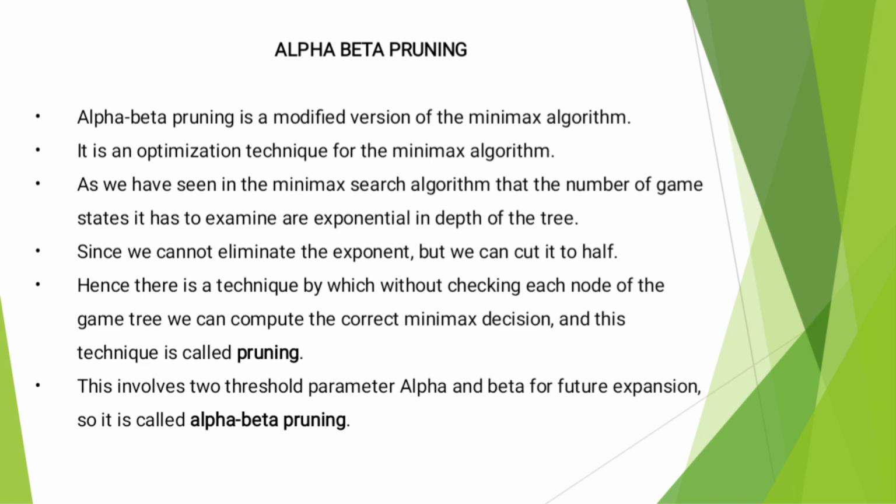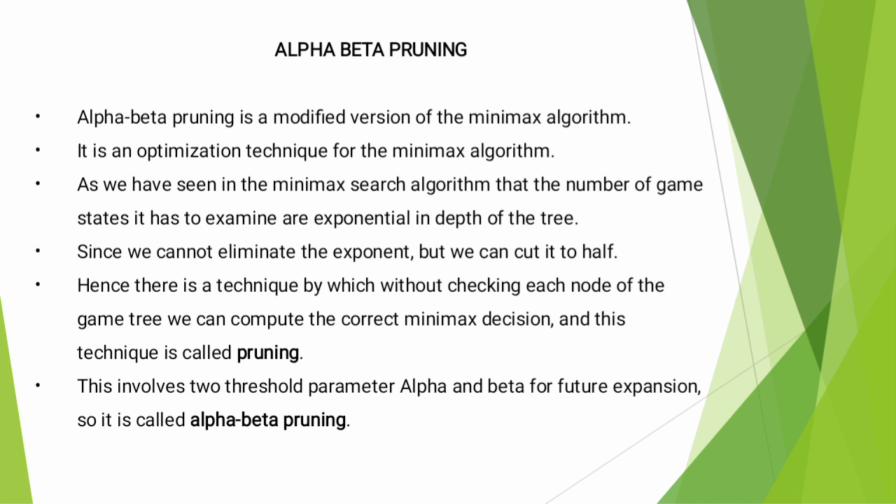As we have seen in the minimax search algorithm, the number of game states it has to examine is exponential in depth of the tree. We cannot eliminate the exponent, but we can cut it off.